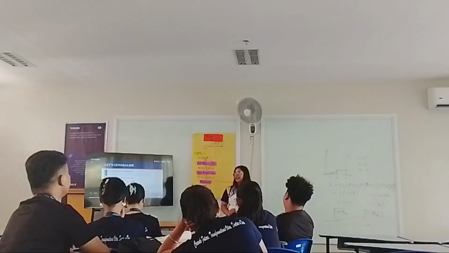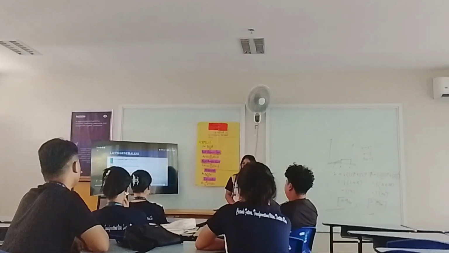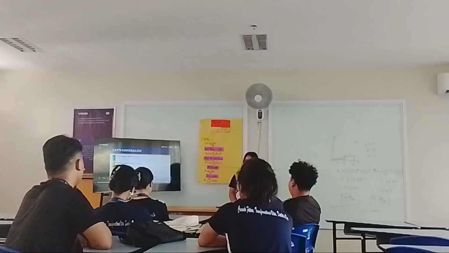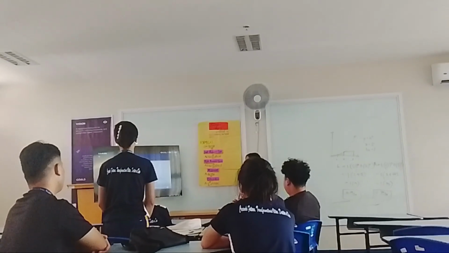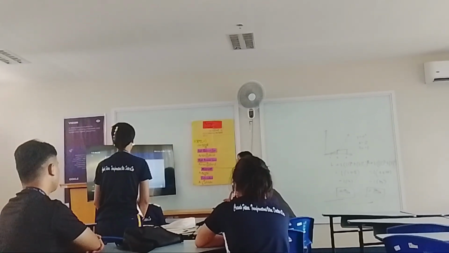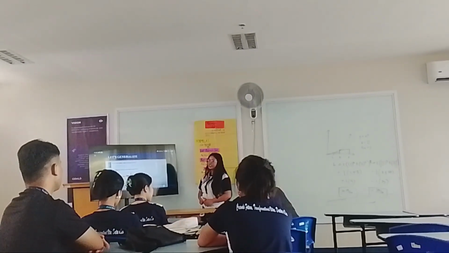Okay, let's generalize. Who wants to answer number one? Can I ask Miss Leon? In your own words, what is a Riemann sum? Riemann sum is the method of approximating the area under a curve by adding the areas of rectangles formed over equal subintervals. Thank you, Miss Leon.